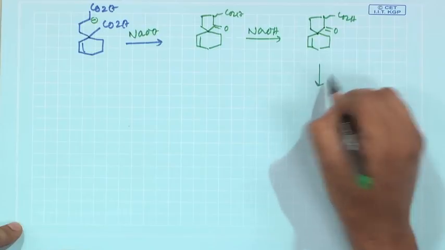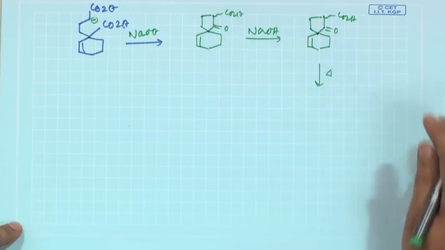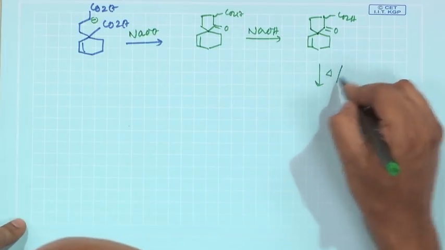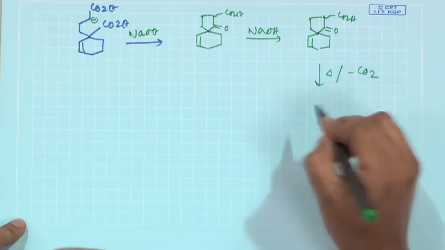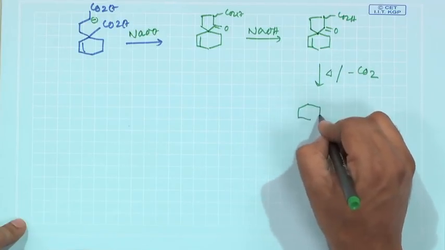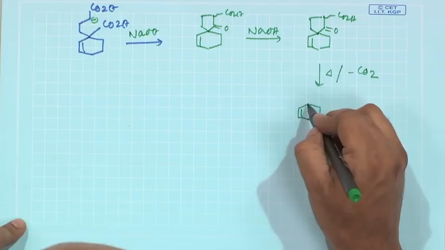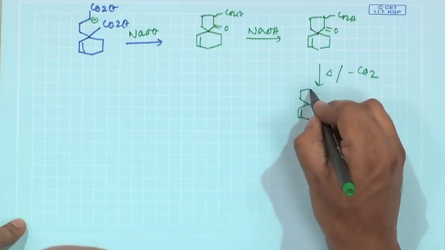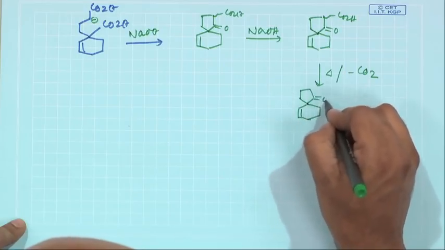Beta keto acids are very easy for decarboxylation reaction. You just heat it, they will spontaneously release the corresponding decarboxylated product, which is basically the target molecule which you are looking for.